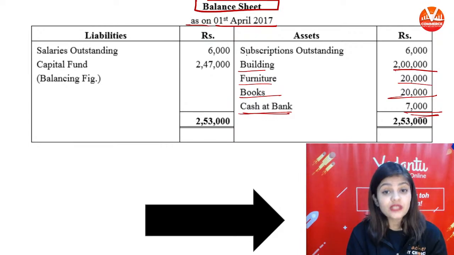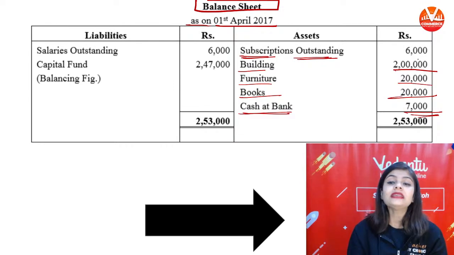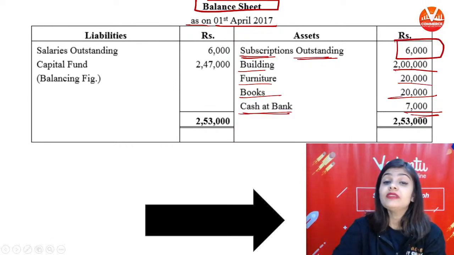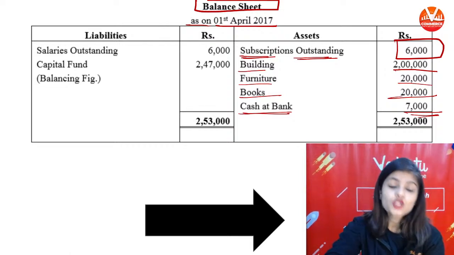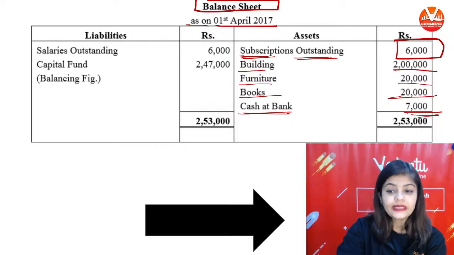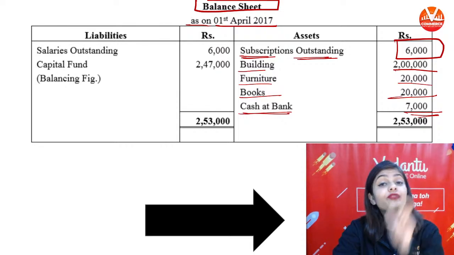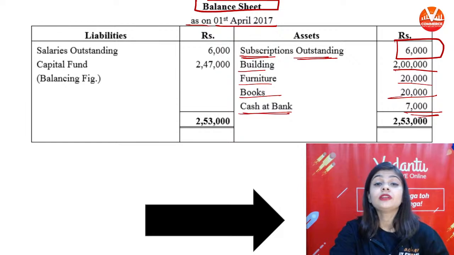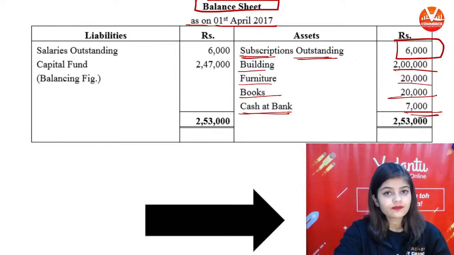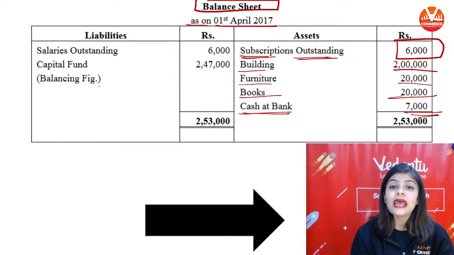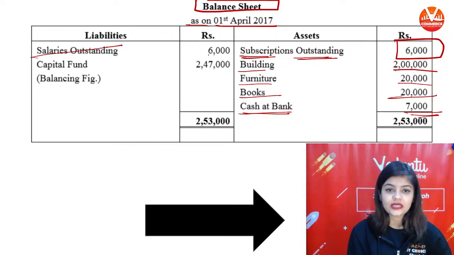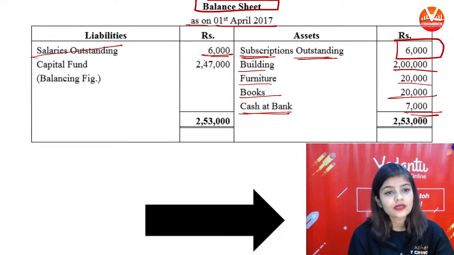And subscription outstanding for the previous year was 6,000. So in the opening balance sheet, you will record the full subscription outstanding. On the liability side, you will record salary outstanding for the previous year, which is 6,000.